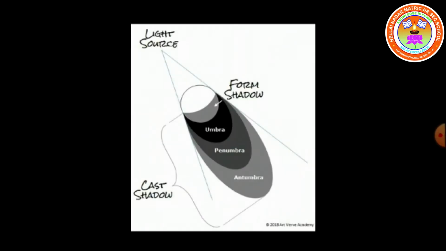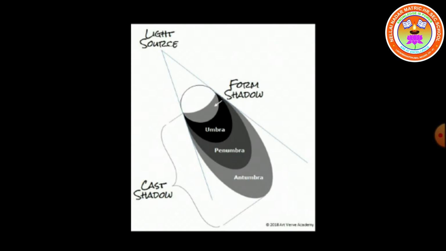Parts of shadow. When an opaque object is placed in the path of light from a point source, a uniform dark shadow will appear on the screen. This shadow is called umbra.